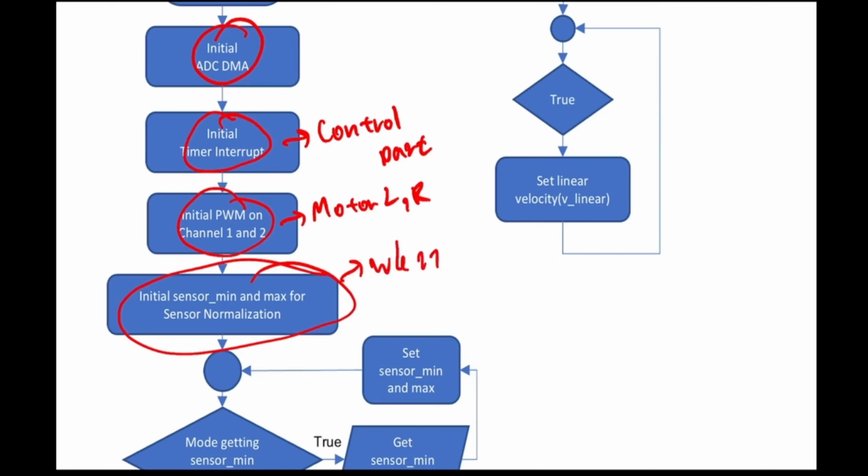The topic about sensor normalization and positioning. Do you remember that you push the button to get a minimum value and a maximum value, and then we try to align the value of the sensor and fit it again. Why do we have to do this? Because the characteristic of each sensor is different.